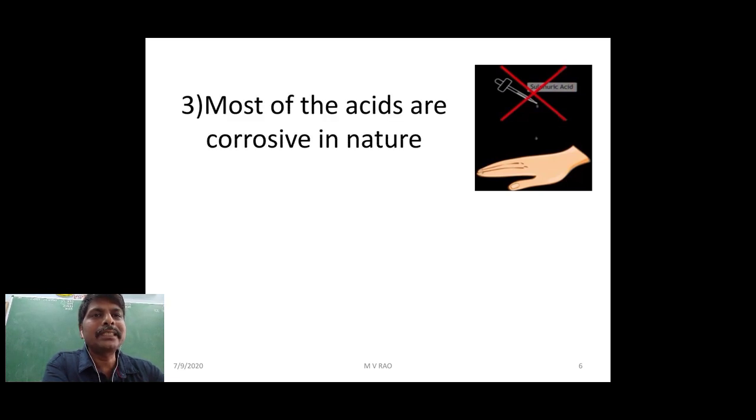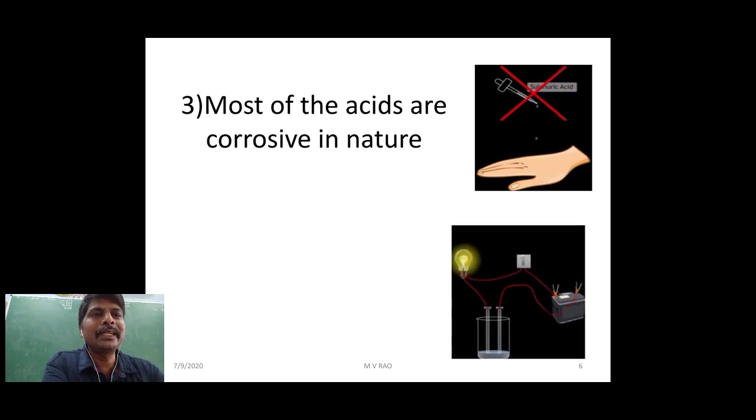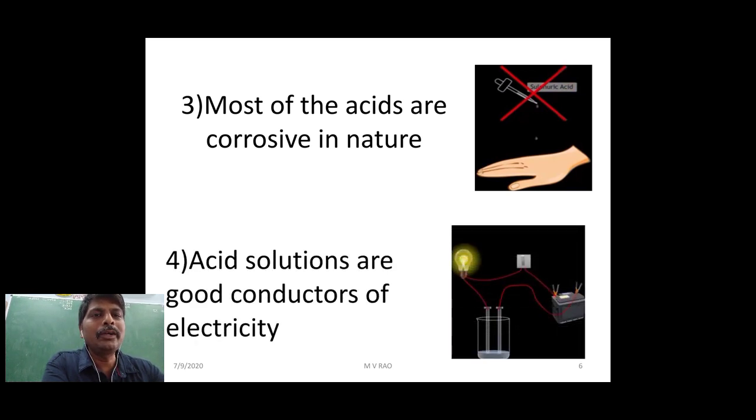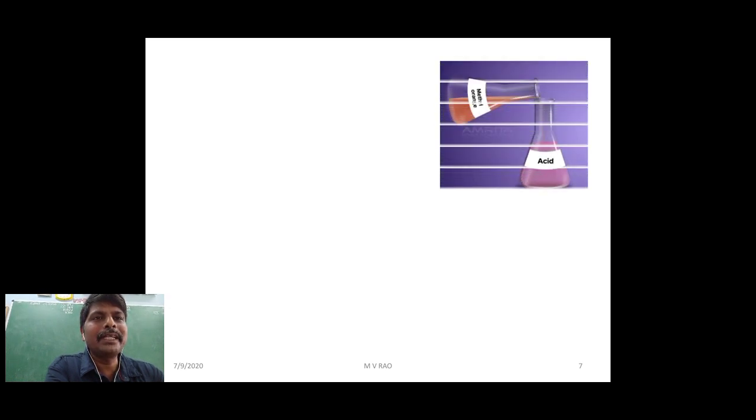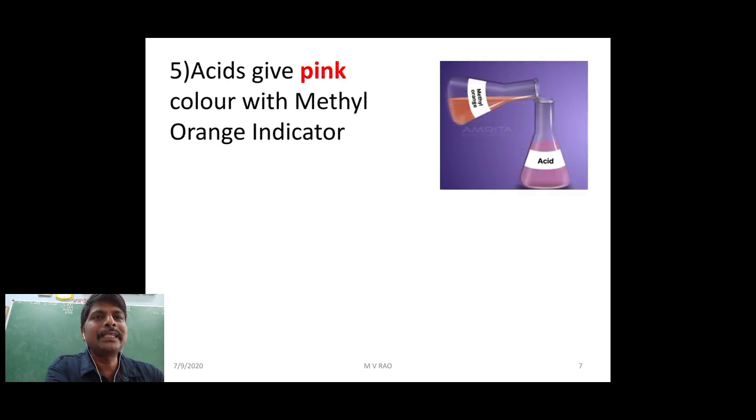Most of the acids are corrosive in nature. Next one is they are good conductors of electricity. Acid solutions are good conductors of electricity. Fifth property is acids give pink color with methyl orange indicator.